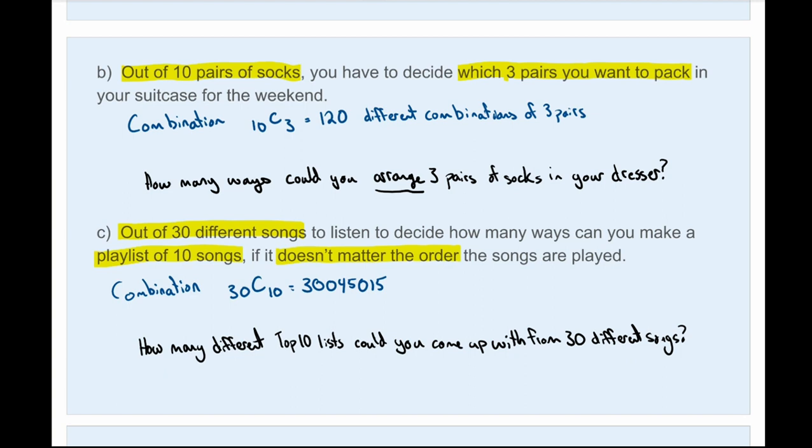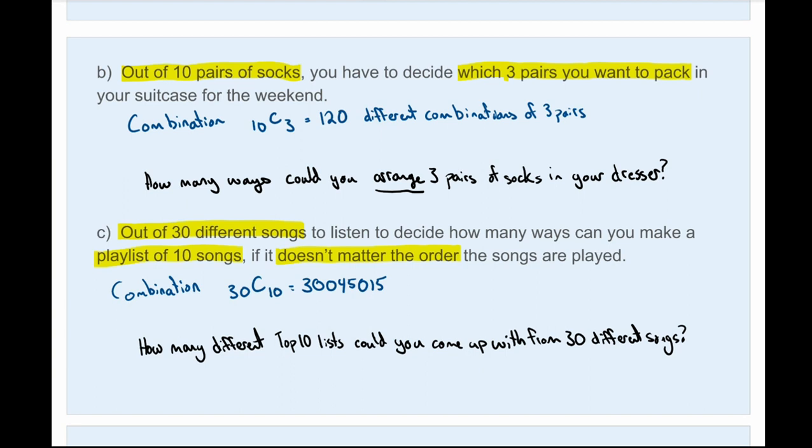And if you wanted to rewrite it to involve permutations, you could choose to say how many different top 10 lists could you come up with from 30 different songs. So in this case, we're assuming that the order in the top 10 does matter. Right? The first song is considered the best and so on. You could just simply change it: how many different playlists of 10 songs could you come up with if order does matter?